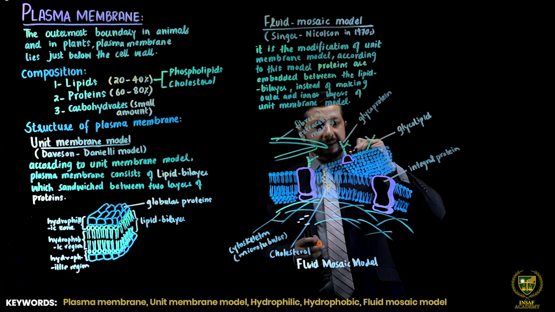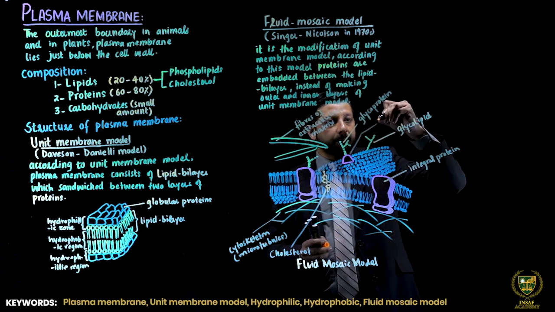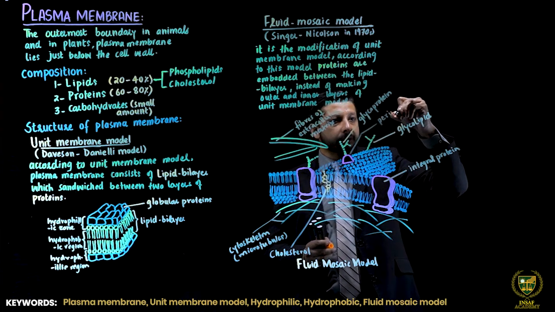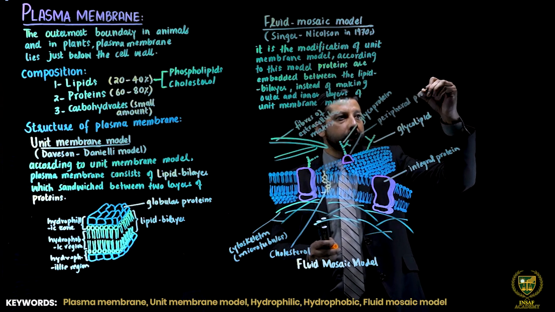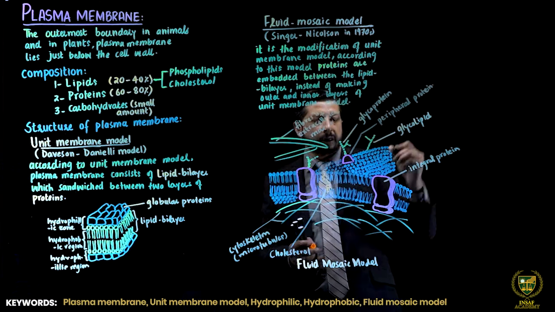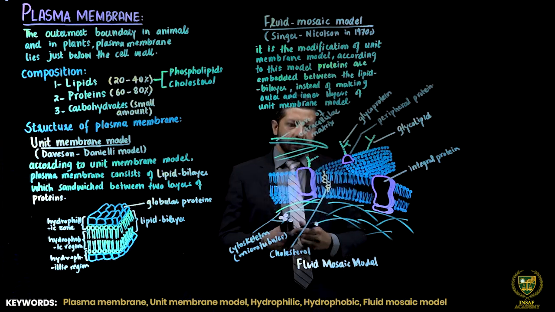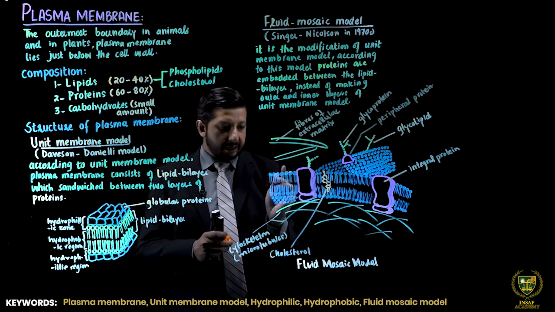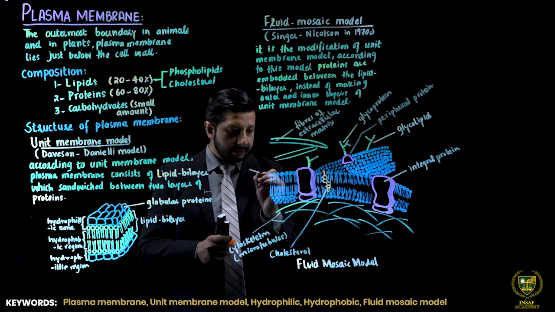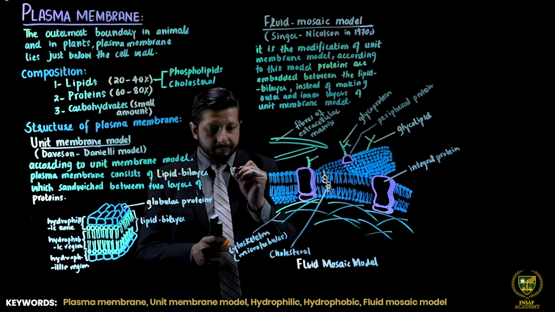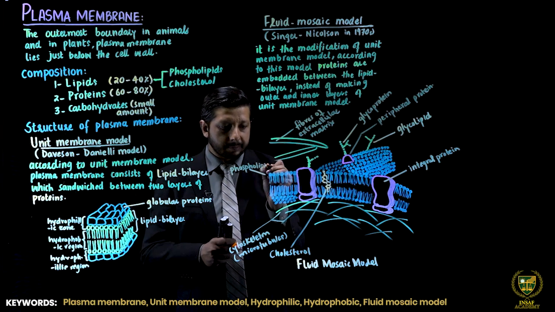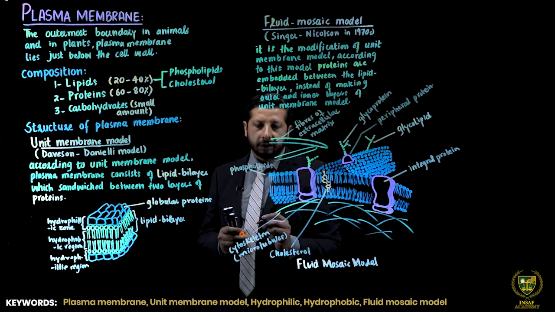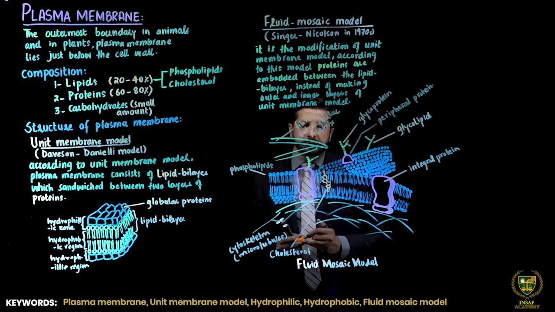And this one is the peripheral protein. Clear? So that is the structure, and these are the phospholipids. Clear? So that is the fluid mosaic model.